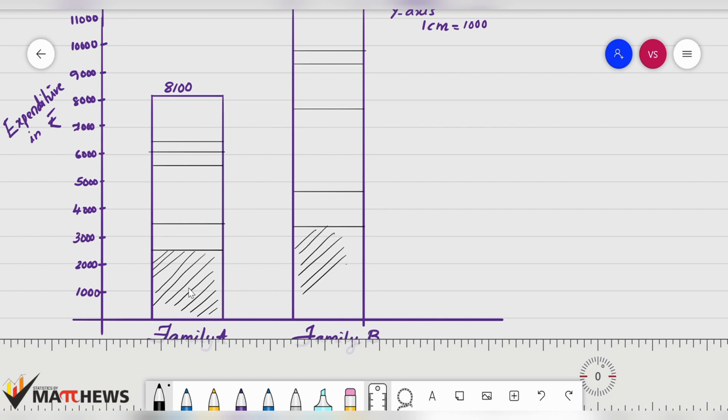The next one I will take some designs like this. I can use different colors also, it will be more attractive, but since it will be time consuming to make the video, it's already late, so I'm just using simple designs, dotted lines. Here also the same, the dotted lines.